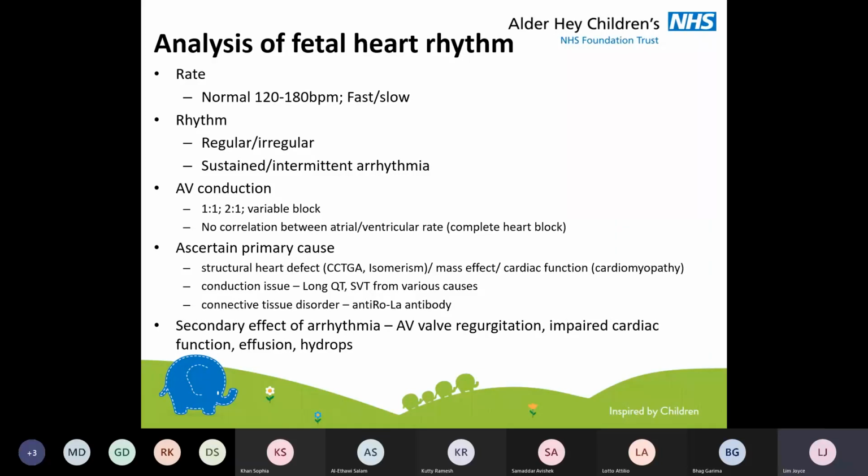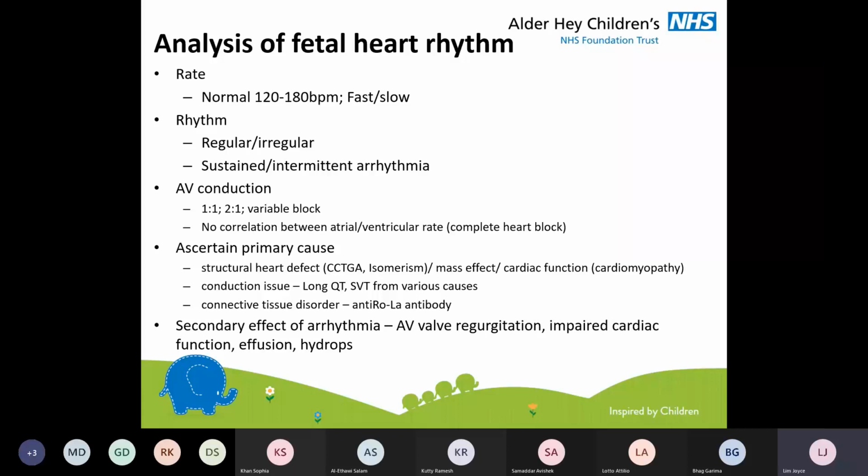Also, think of electrical causes. The long QTs and Brugada sometimes do present with bradycardia or tachyarrhythmias in fetal life. SVTs, as you would see, from various causes, may present in antenatal life with fetal heart rhythm issues.